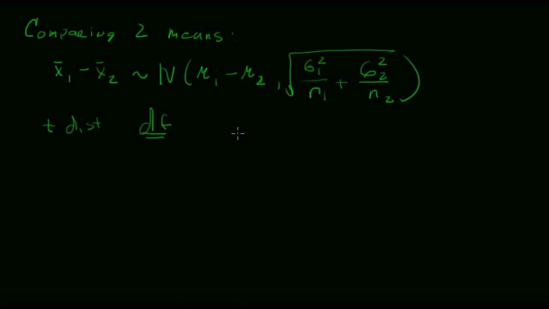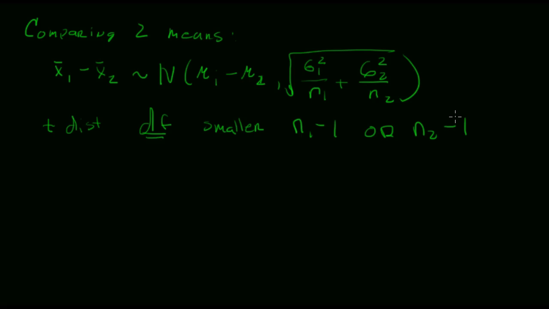When you're working this by hand, you would use the smaller number of degrees of freedom, either n sub 1 minus 1 or n sub 2 minus 1. That's the easiest way to do this by hand. It's a more conservative estimate. You pick the smaller of those two.